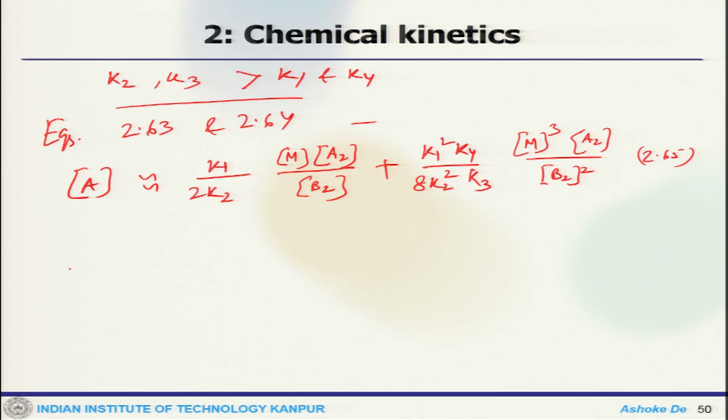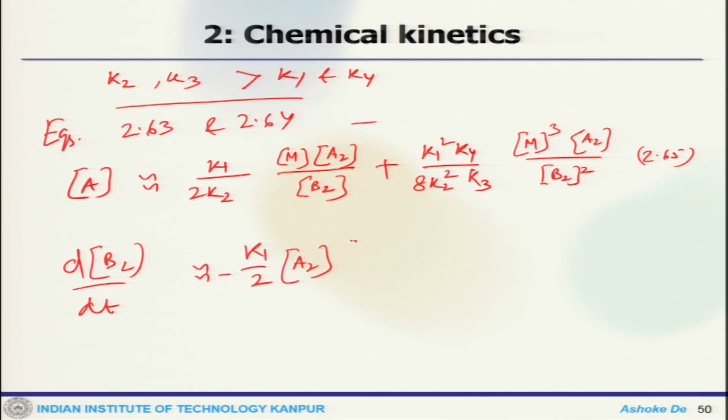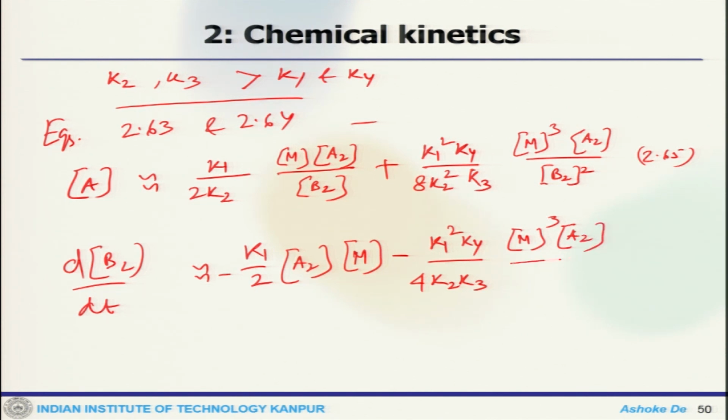So dB2/dt would be K1/2 A2 M minus K1 squared K4/(4 K2 K3) M cubed A2/B2.